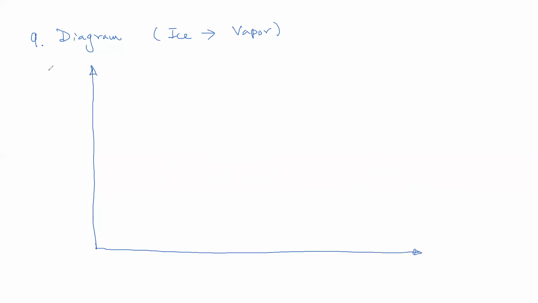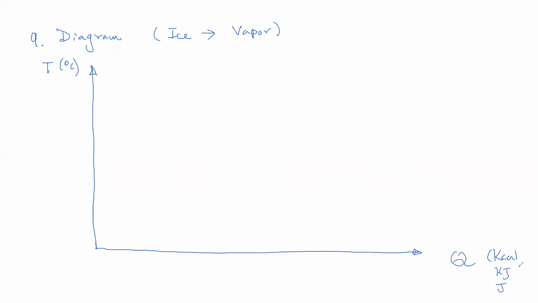The y-axis is the temperature, so degrees C. And the x-axis is the heat, so Q. It will be in kilocal, or kilojoule, or joule.